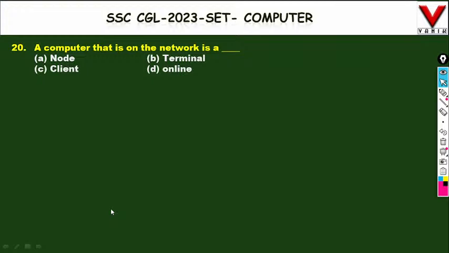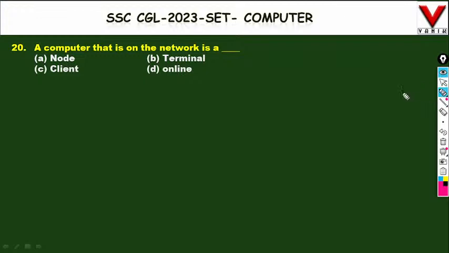Client is a user, online is an online communication, online is a medium. So a computer that is on the network is called a node. Node is a connection point where the data transmission ends or redistribution of data starts. So each computer in a network is called a node.